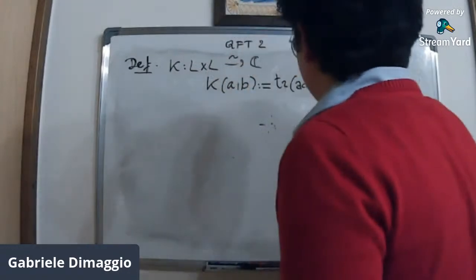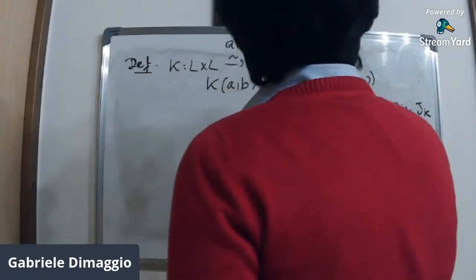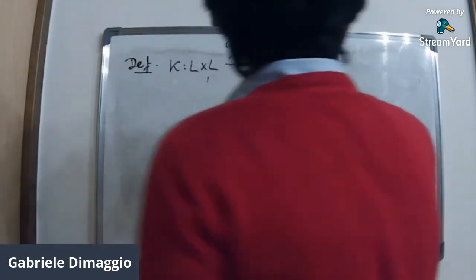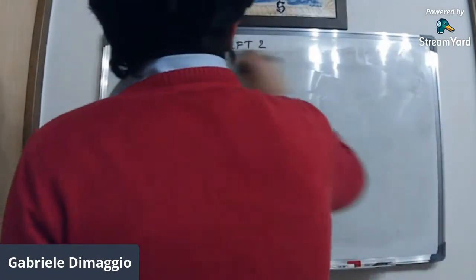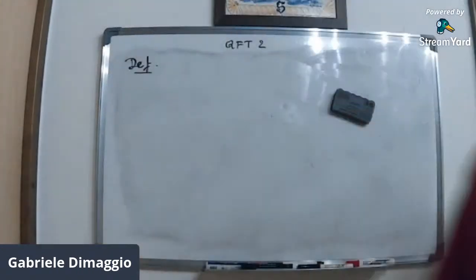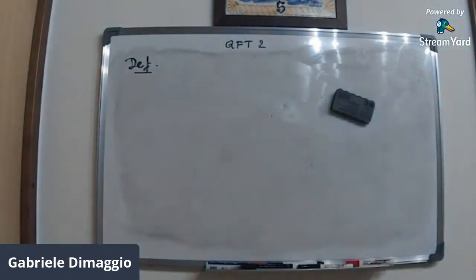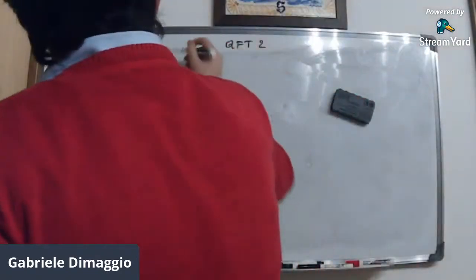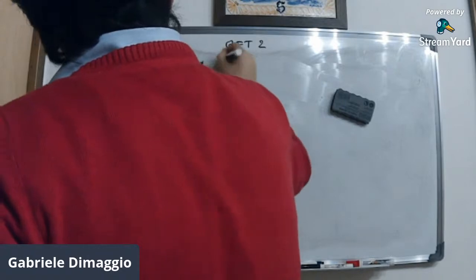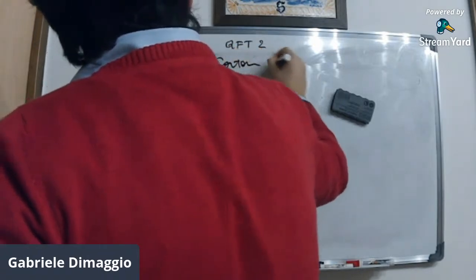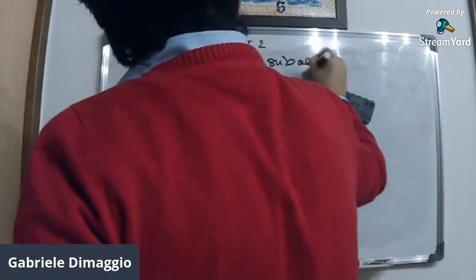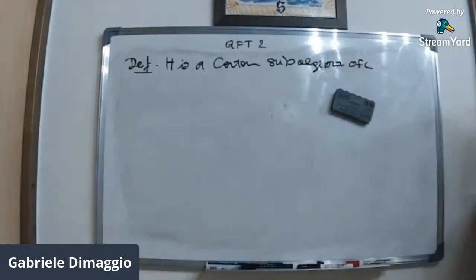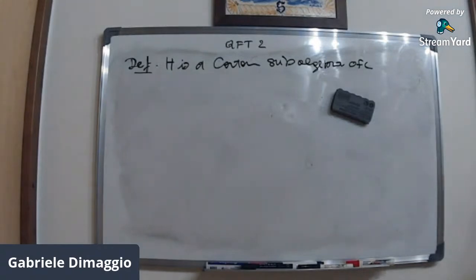Now, so what's a Cartan subalgebra? Definition. So H is a Cartan subalgebra of L. What's a Cartan subalgebra?